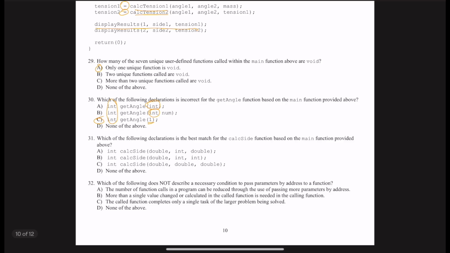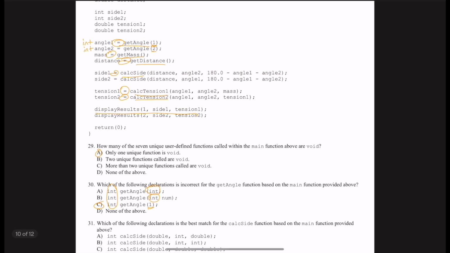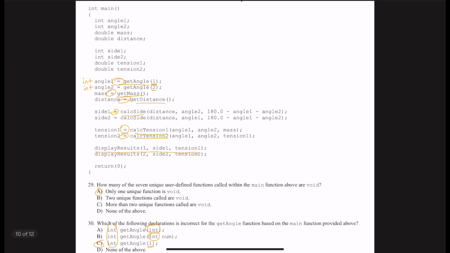And then for question 31, we're looking for a function declaration for calcSide. Well, we know that it needs to return an int. It's receiving a double, int. And then this all simplifies down to a double because we're going to keep that highest detail, as I call it, or precision, from that 180.0.